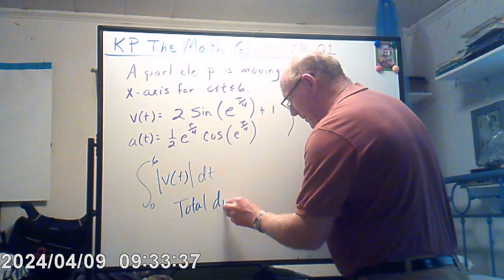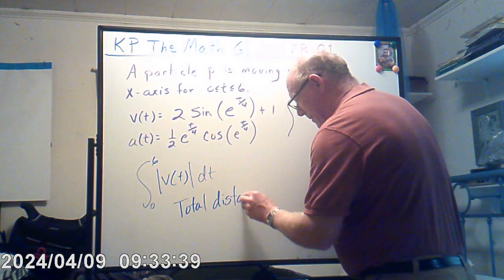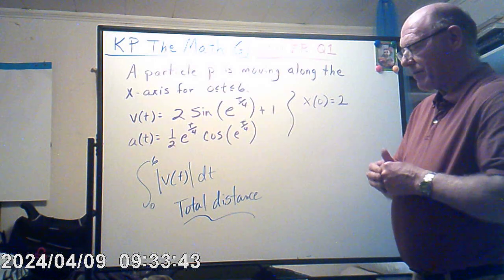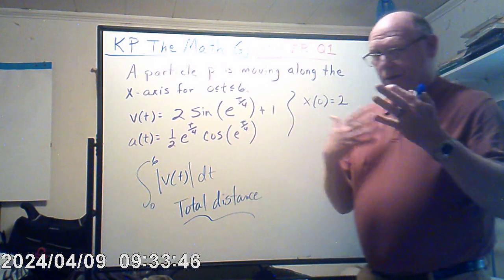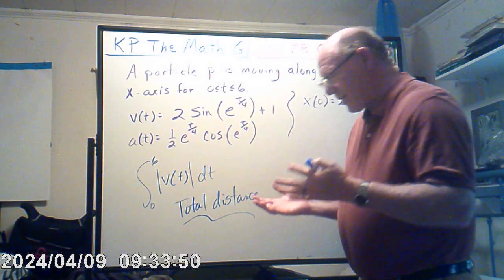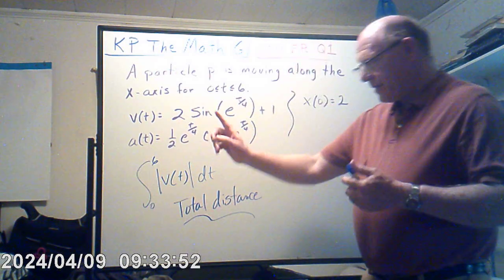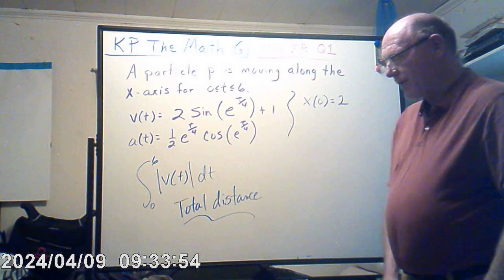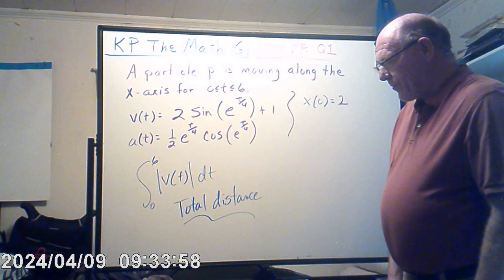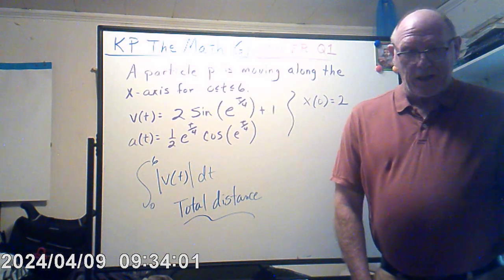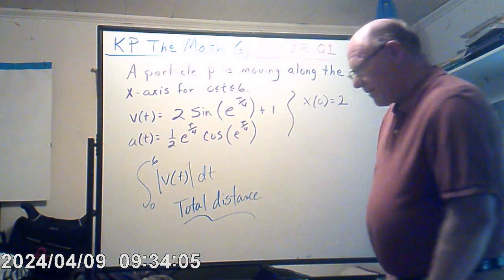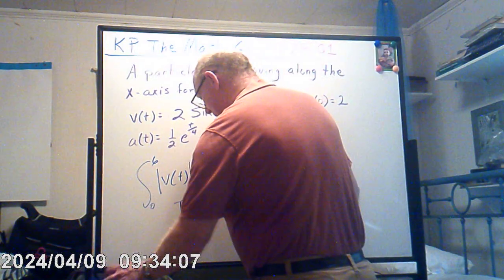If I said velocity, I was wrong. Remember, when you take the antiderivative of velocity, we're talking about either position or distance. So in this case, total distance. That's the difference between average velocity and total distance, so that's what you've got to remember.